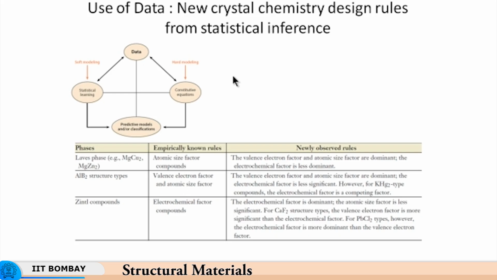That is because there are certain rules which are dominant and certain factors which are less dominant, or recessive, shall we say, right. Similarly, for another structure type, you have the valence electron factor and atomic size factor which need to be satisfied, but here the valence electron factor and atomic size factor are dominant. So these are the dominant factors.